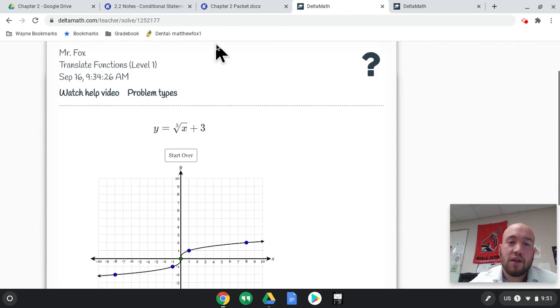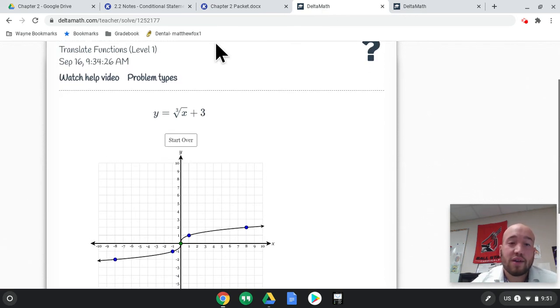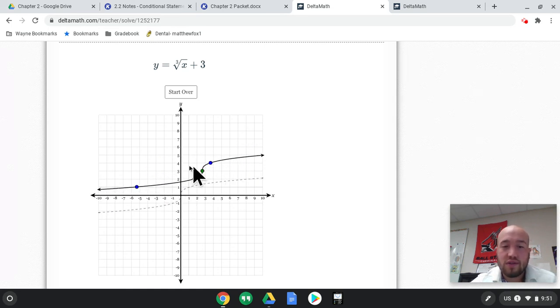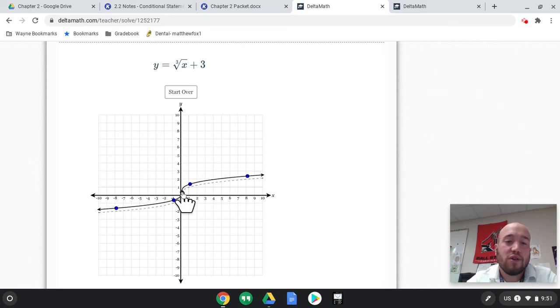Now, this next one, it might look a little intimidating because we haven't done one with cube root, but you won't all have cube roots, but some of them might be, but it's just the same idea. We shift it, it says +3. Now, what you want to do, if you grab the origin here, this green dot, it will move the whole thing. So you can see the dotted line tells us where it originally was. It was right here. I need to shift it +3, so up 1, 2, 3, and just let it go, and it's there.